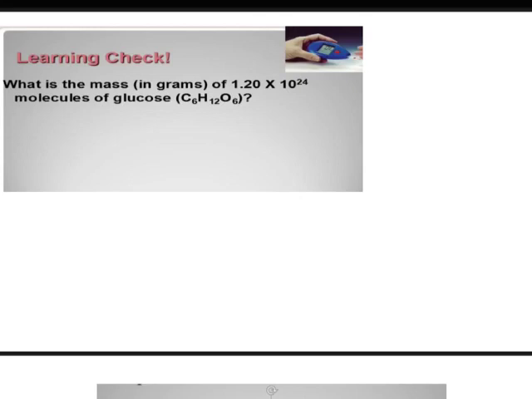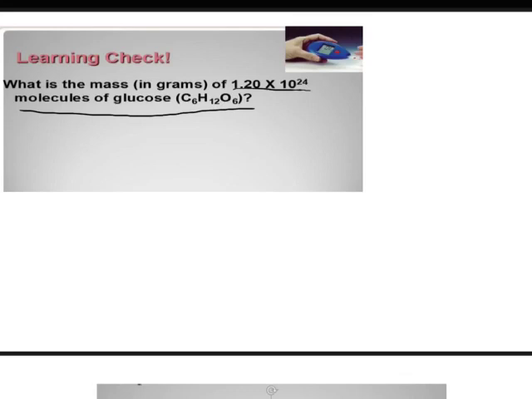And in the parentheses I've given you the formula for glucose, which is C6H12O6. So what we want to go ahead and do is identify our given, and I'm just going to underline that right here. So our given is the 1.20 times 10 to the 24 molecules of glucose. Don't be intimidated by molecules.